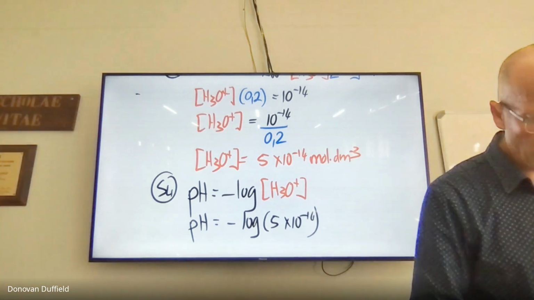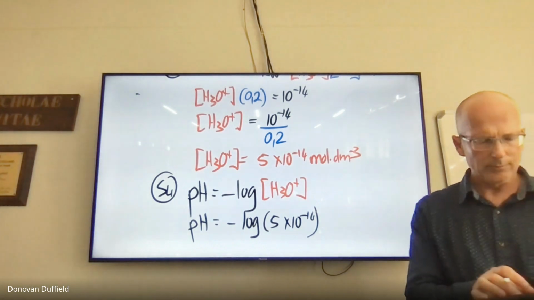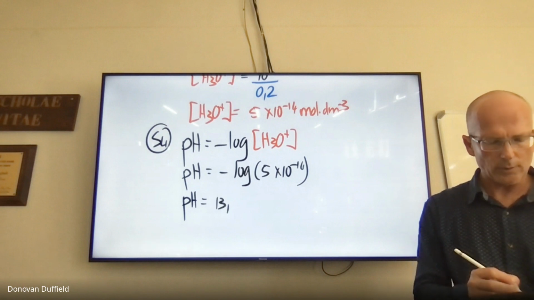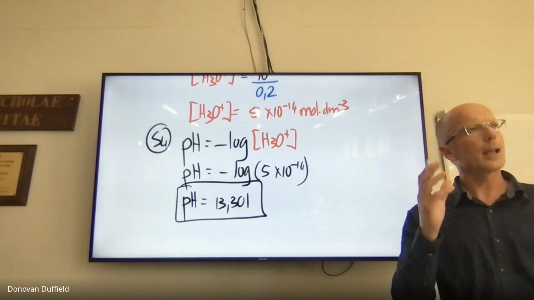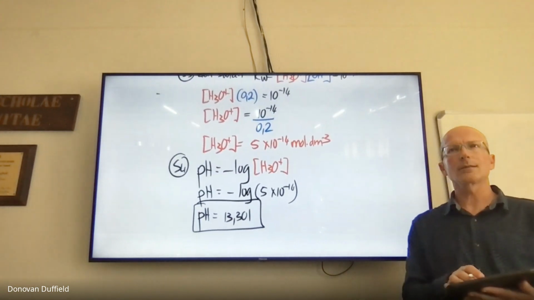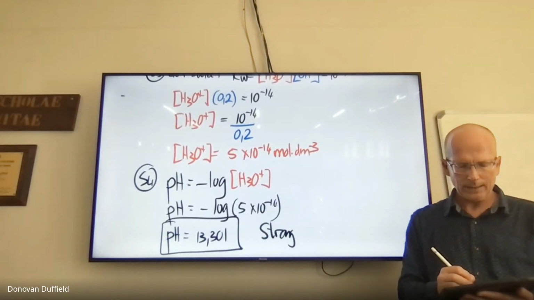And when we log this, we get a pH of 13.301. But hey, that's a basic solution because the pH is close to 14. This is strongly alkaline.